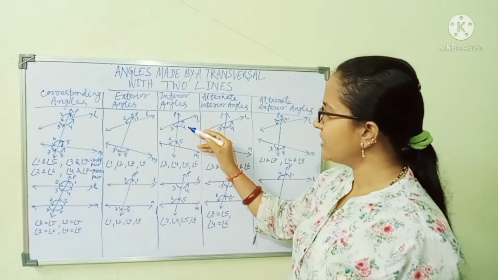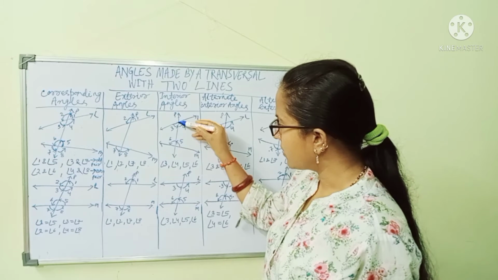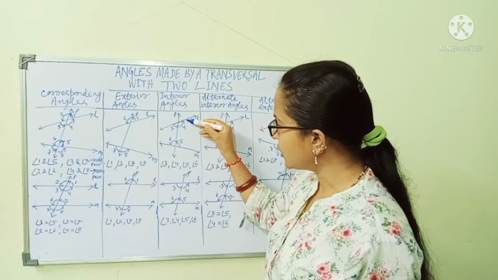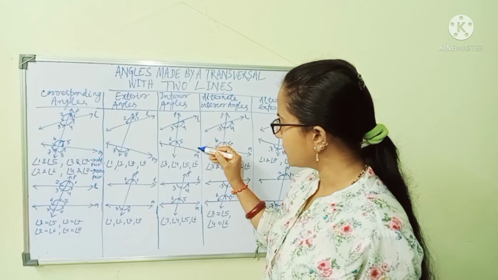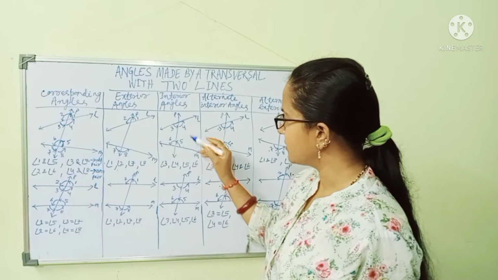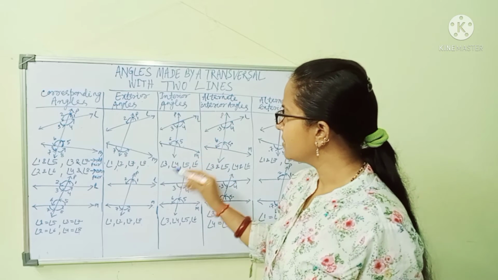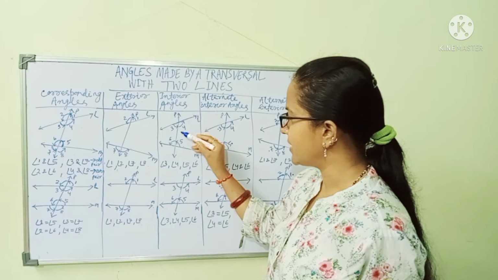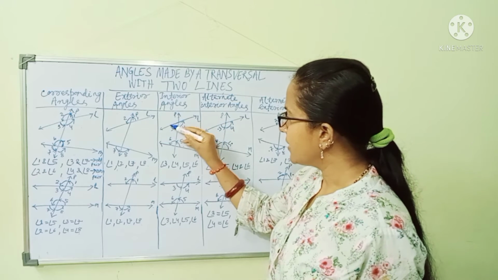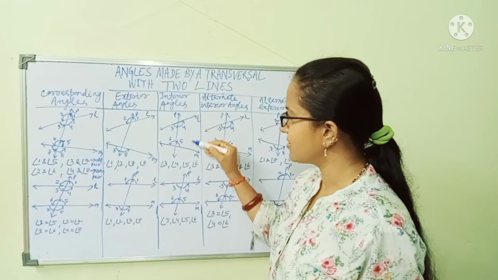And in the case of interior angles, the angles lie in between the two lines. If we consider non-parallel lines, the third, fourth and fifth, sixth are the interior angles because they lie in between these two lines.